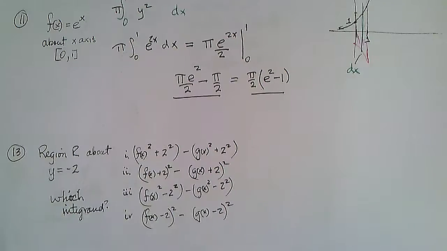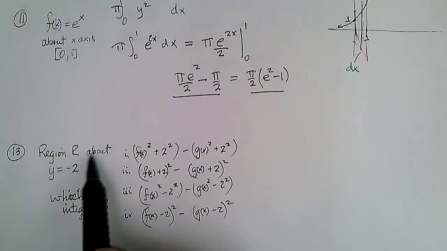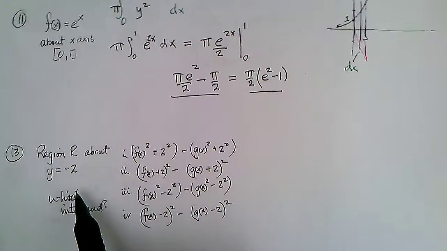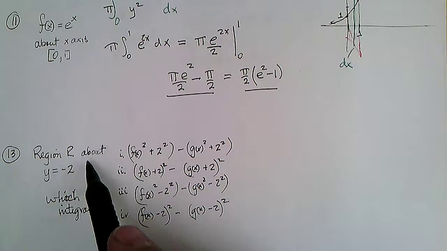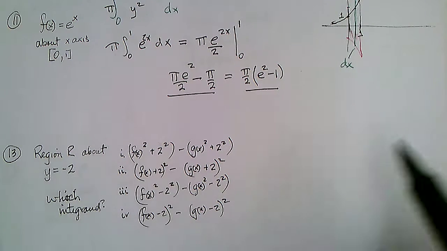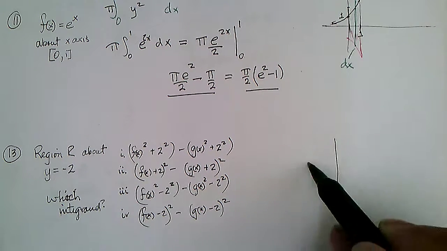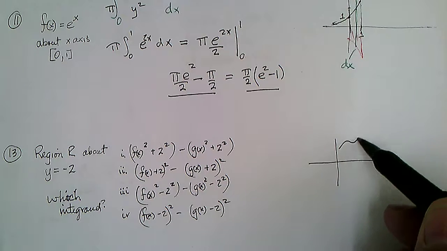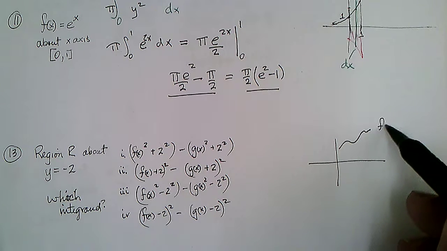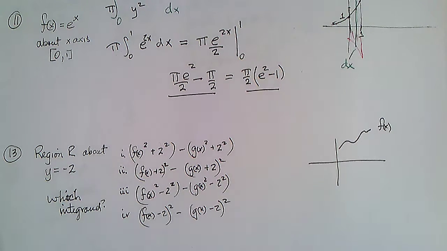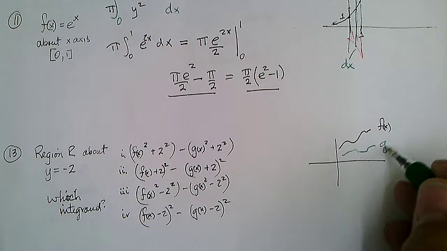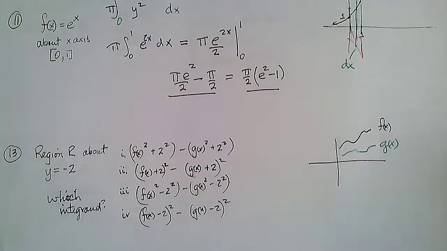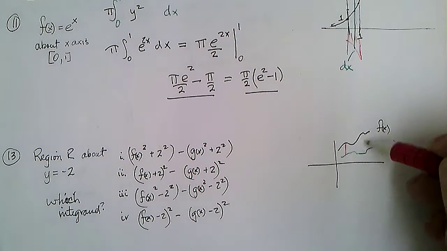Okay, we got a region R where f of x is bigger than g of x, it says. So I'm going to make f of x and g of x, and the region between them is what we're looking at.